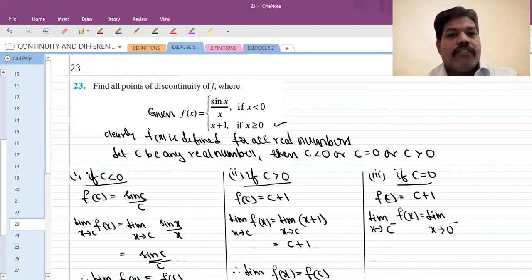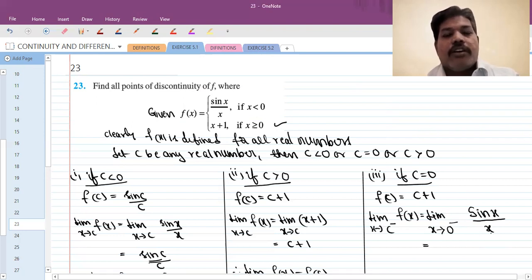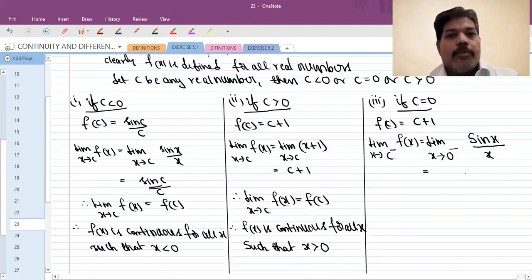If x value is less than 0, then f of x becomes sin x by x. Already in limits, we proved the theorem: limit x tending to 0 of sin x by x is 1. So this value becomes 1 only.